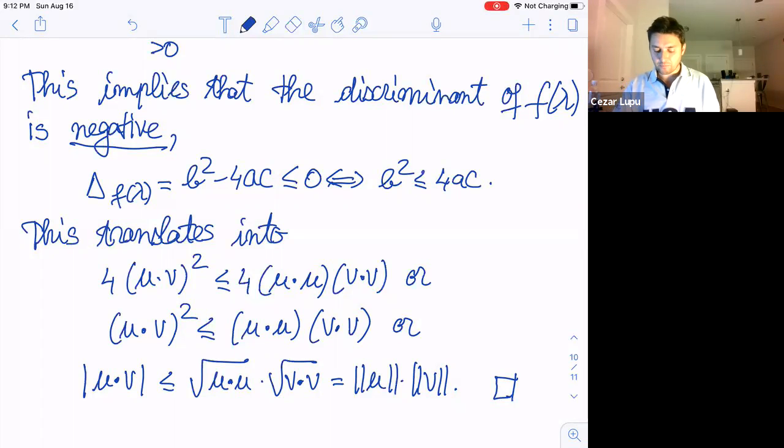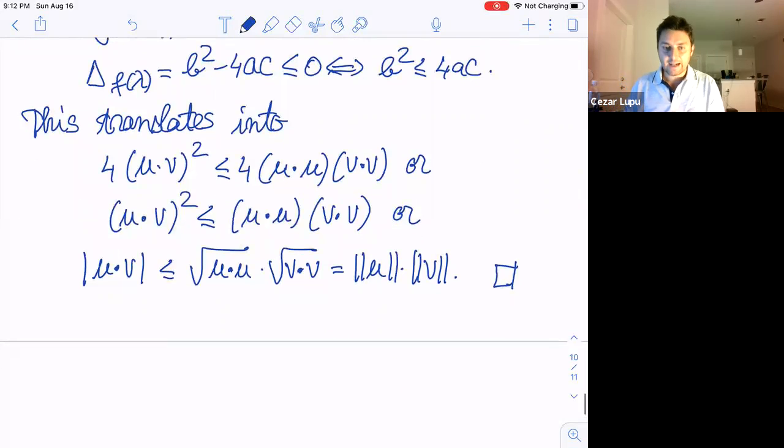Now, this very important inequality, the Cauchy-Schwarz inequality, allows us to define the angle between two non-zero vectors in Rn.